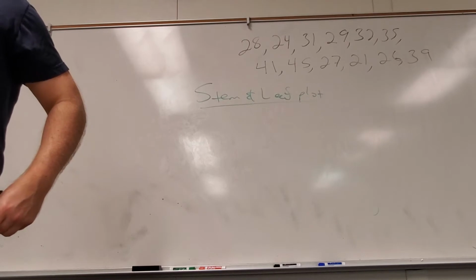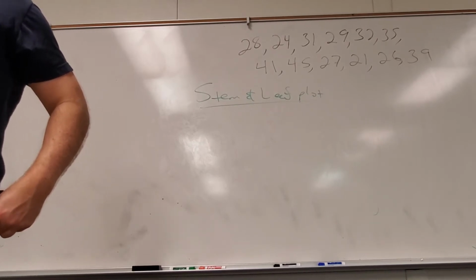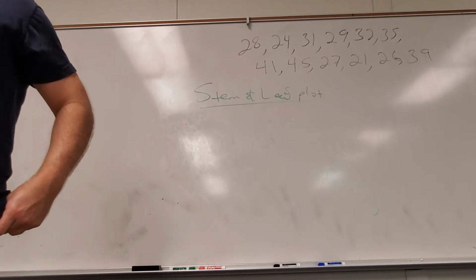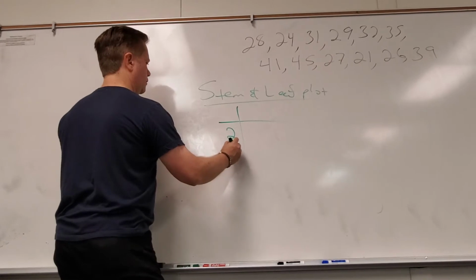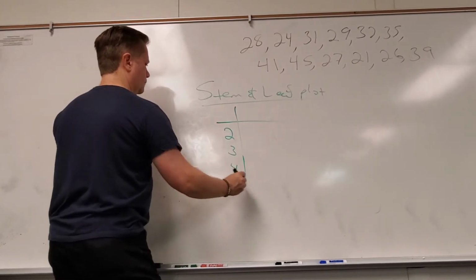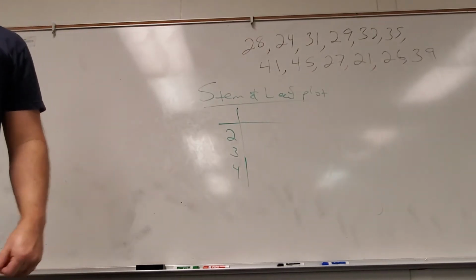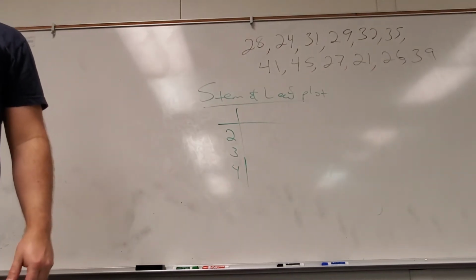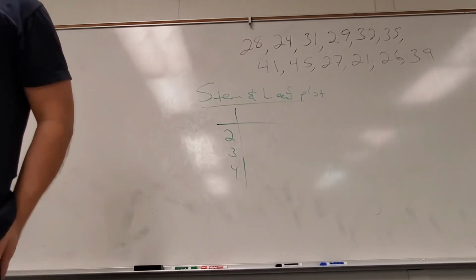There's a bunch of numbers in the 20s, 30s, 40s. There's none of the teens or 50s. So my stems would be 2, 3, 4. See how they're kind of categories? This is a nice way to sort data if your teacher hasn't shown you how to sort it in a calculator yet.